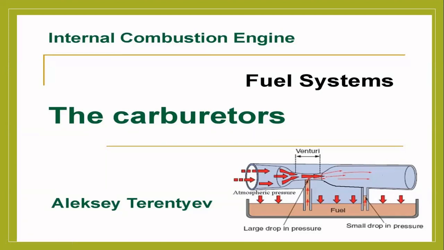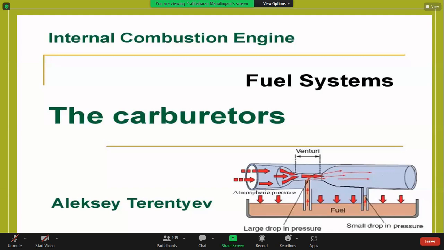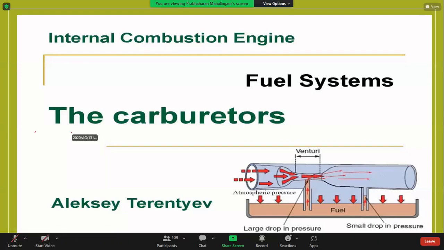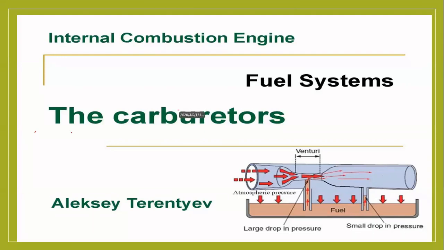What is the kinetic energy equation? What did you learn for the kinetic energy equation? Half m v square, half into mass into velocity square. If you take 1 unit mass, the velocity is the main component now. So pressure energy plus kinetic energy is constant.